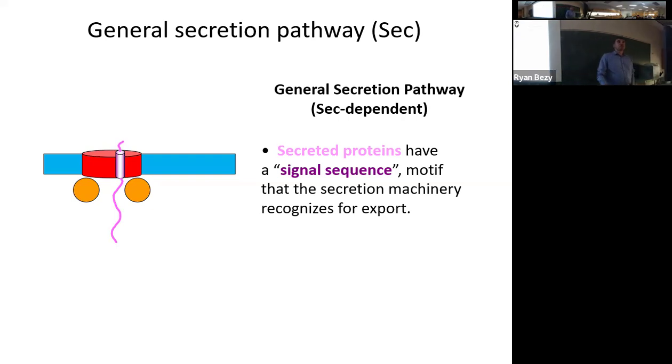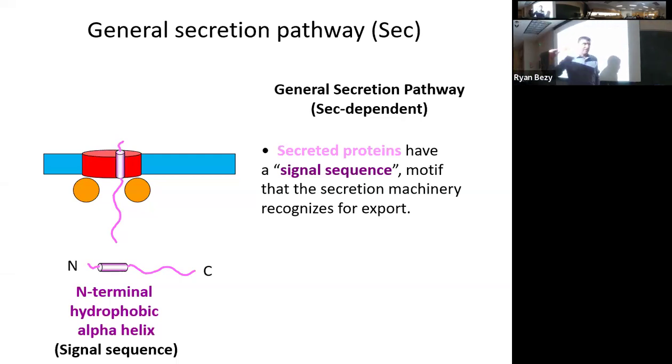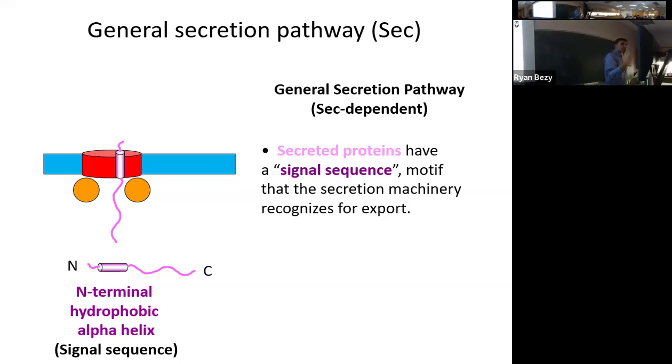The signal sequence for the sec-dependent protein is a particular N-terminal hydrophobic alpha helix that is on the protein that's going to get secreted. So it has to have this N-terminal hydrophobic alpha helix, or it cannot be secreted through this complex. So it has to have that particular marker or flag, in essence, this molecular cue.